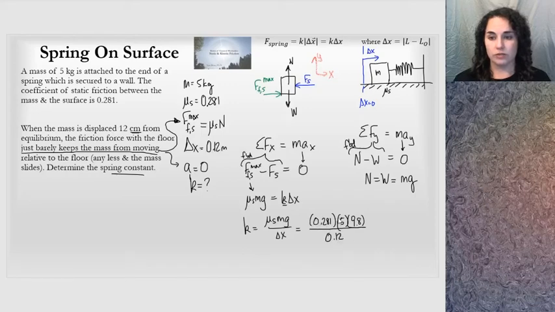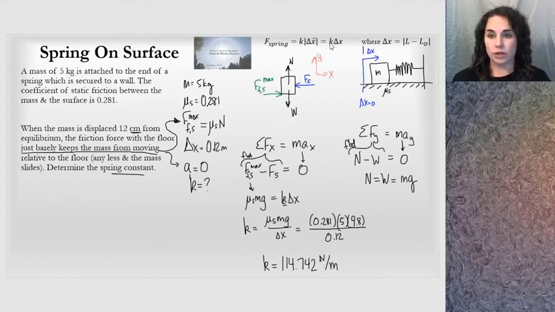Because all of these are in meters, this has to be in meters as well. When you run it through your calculator, you get 114.742. The units on spring constant are newtons per meter. Those are the proper SI units for spring constant.